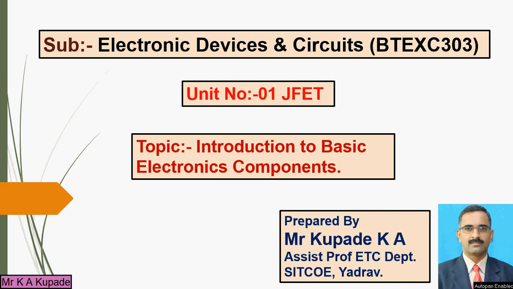In the previous video lecture, we started with Unit 1, the JFET. We discussed the topic of introduction to basic electronics components, and from that topic we discussed some passive components.